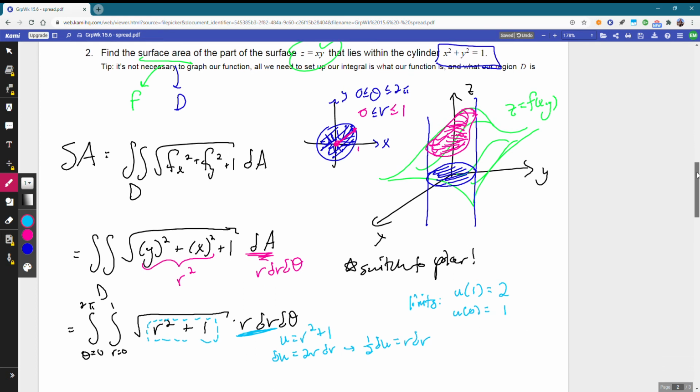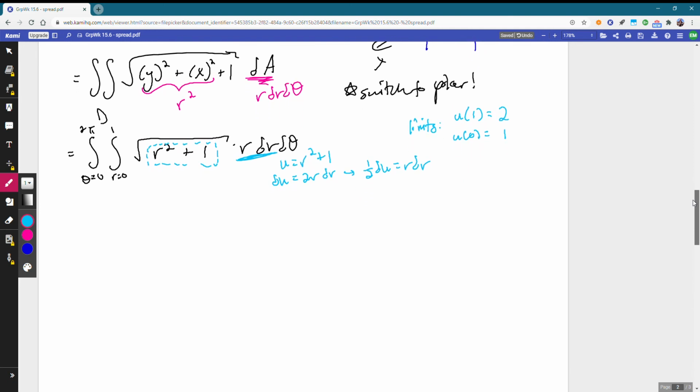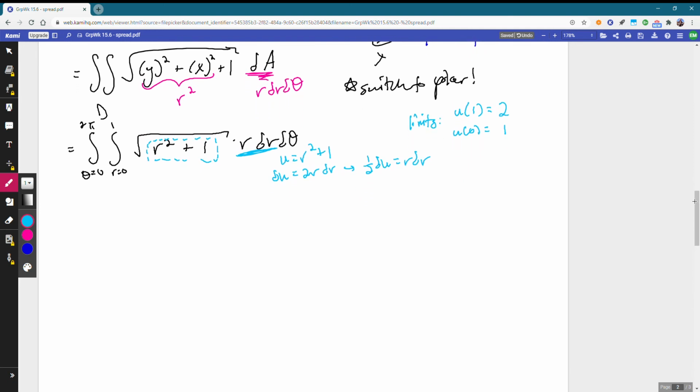And I'll scroll down. All right, so integral from theta equals 0 to 2 pi of the integral of u equals 1 to 2 of square root of u, and the r dr becomes 1/2 du.